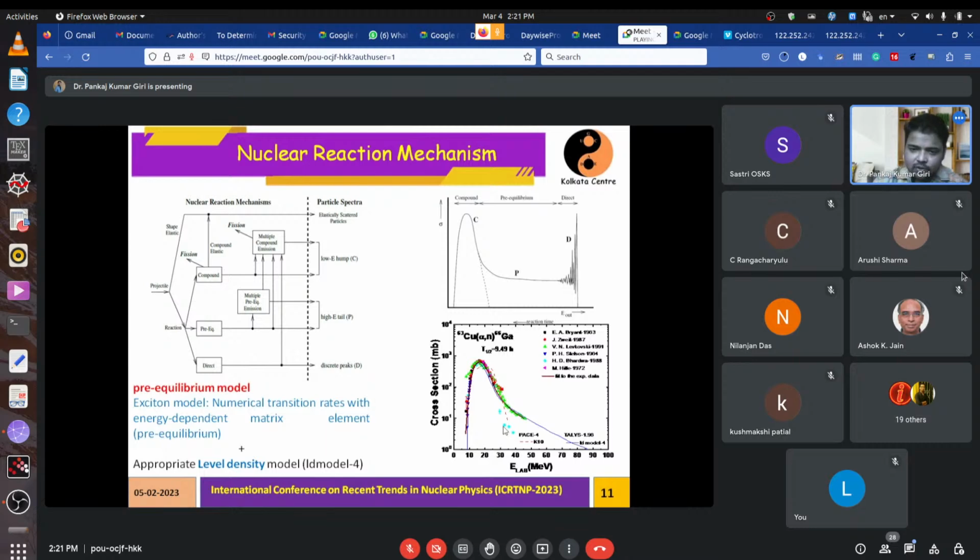From TALYS we include the compound part as well as the pre-equilibrium part, and choosing an appropriate level density model for this particular region, we can observe that this experimental data is nicely fitted with the theoretical prediction.